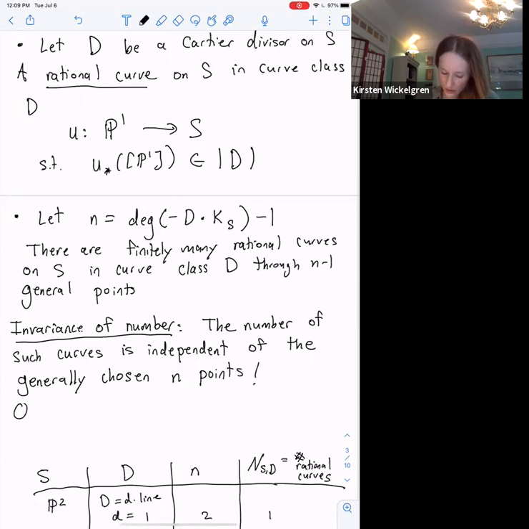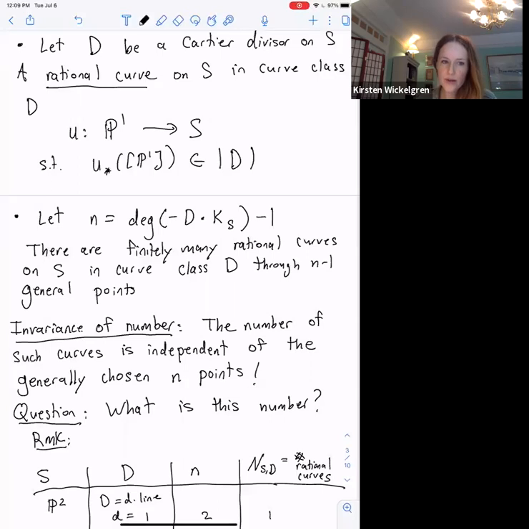So we can ask, what is this number? And there are other ways to ask this question. These coincide with ways of counting disks.